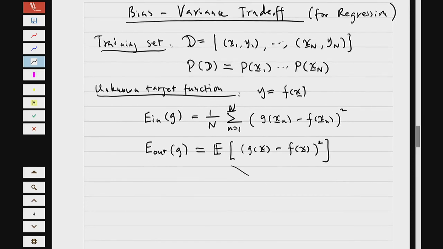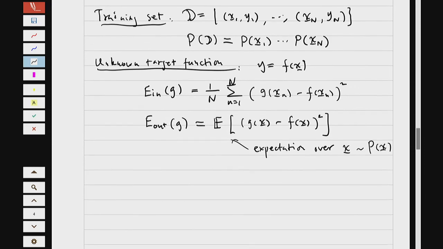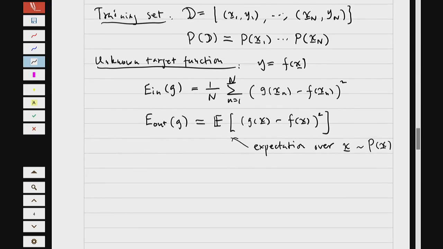This expectation is over x, the choice of x that we are given for testing. And this x, of course, is chosen with the same distribution p as the training data points. So that's our test error for regression. Nothing really changed, only that this is a square error instead of an indicator function for the error.